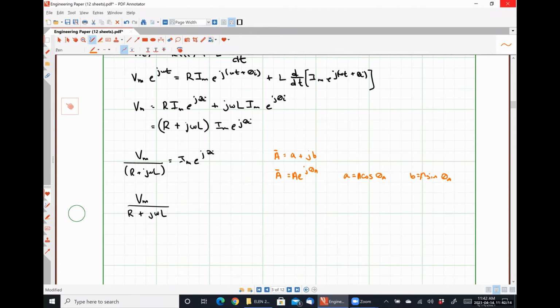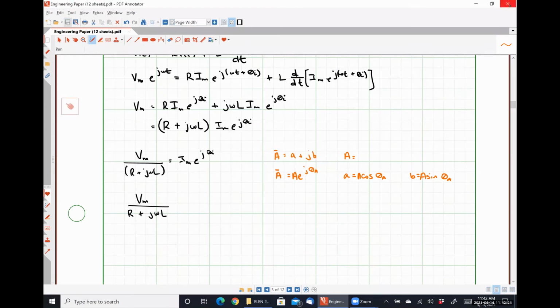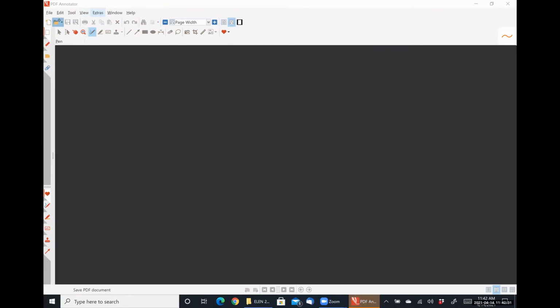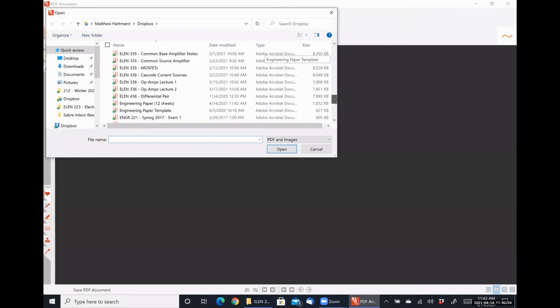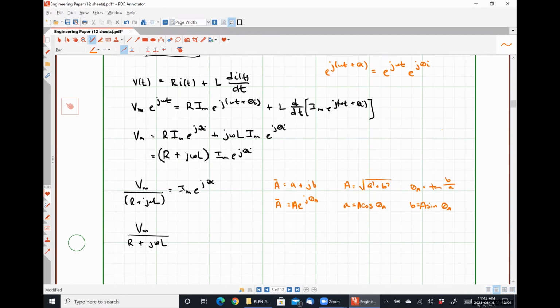That magnitude A, without a bar over it, is equal to the square root of A squared plus B squared, and our phase angle theta A is just the arctangent of B over A. Those are our complex number relationships to move back and forth between rectangular form and polar form.